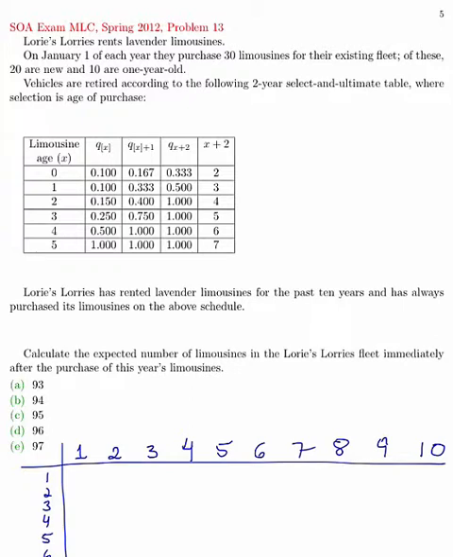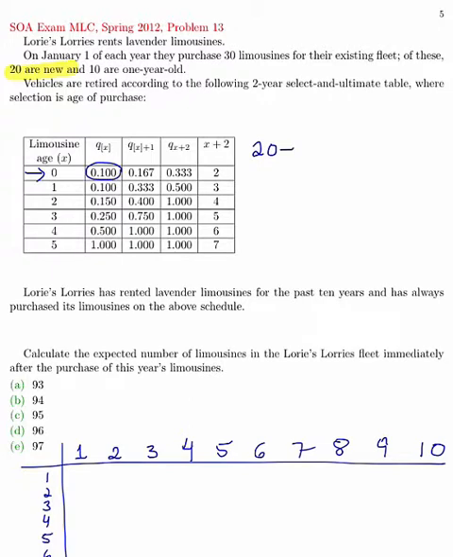So we can work through what happens to the limousines purchased in a given year, right? So we've got 20 that are new, and so they have a selection year of 0. And of those 20, 10% are going to get retired the first year.